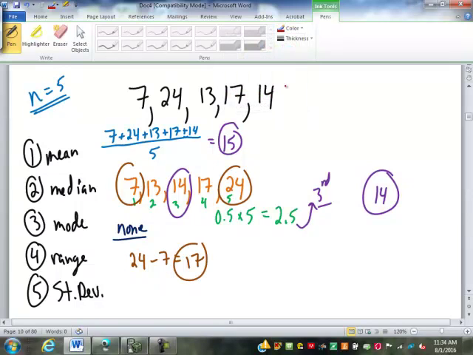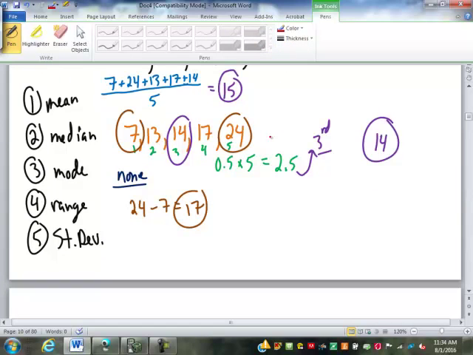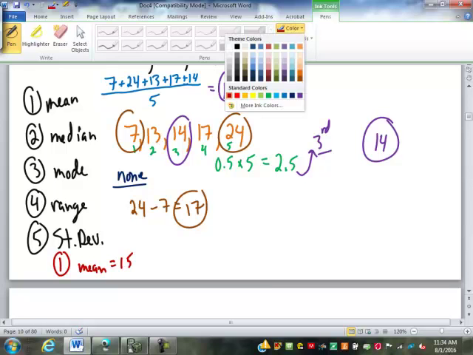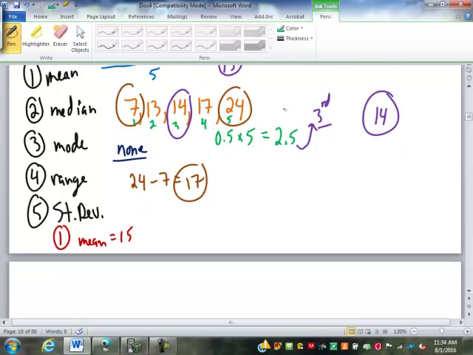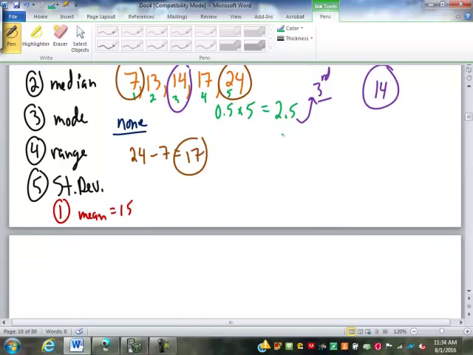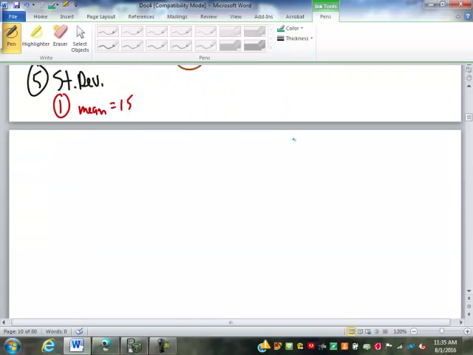Standard deviation. What's our first step? Find the mean, which we already did to be 15. What is our second step? Subtract the mean from each. So we got 7, 13, 14, 17, and 24.